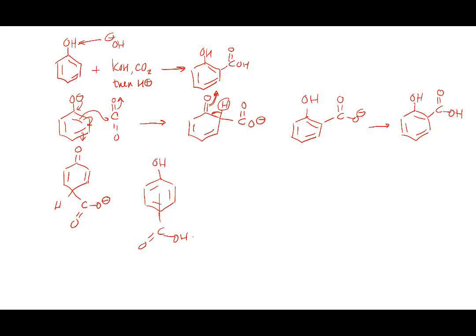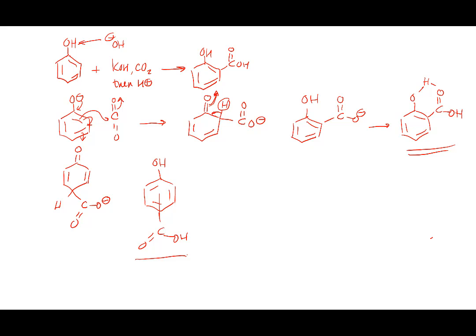My guess here as to why you only get one product and not the other is probably because this product over here is going to have the ability to form that hydrogen bond, which would make that product overall more stable than the one down here.